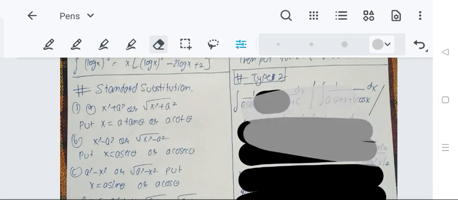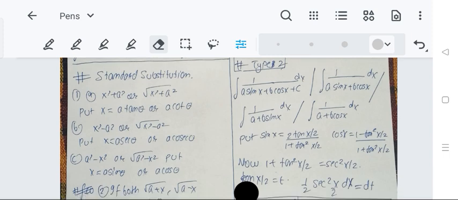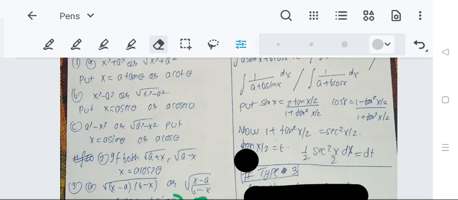Type 2: if your function is in the form of integration of 1 upon a sine x plus b, or 1 upon a sine x plus b cos x plus c, or dx upon a sine x plus b cos x, or 1 upon a plus b sin x, or 1 upon a plus b cos x, then put sin x is equal to 2 tan x by 2 divided by 1 plus tan square x by 2.